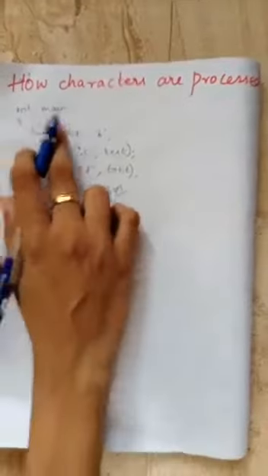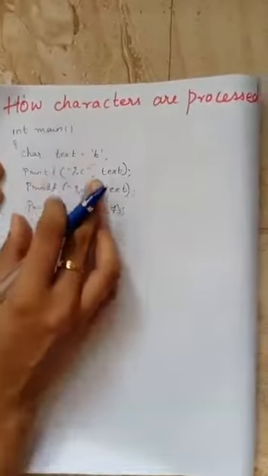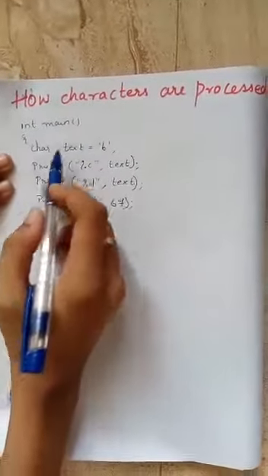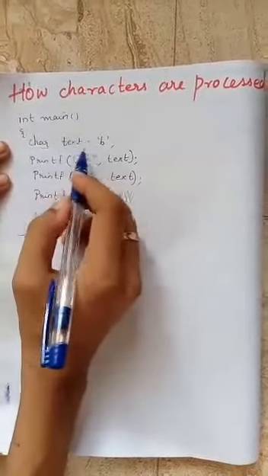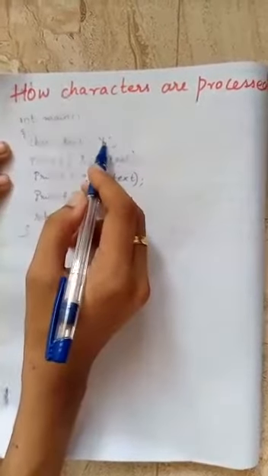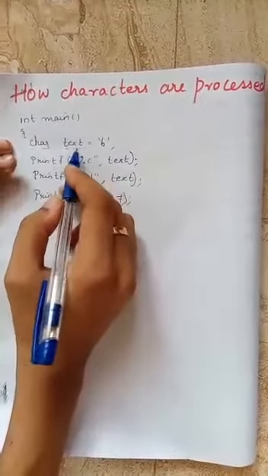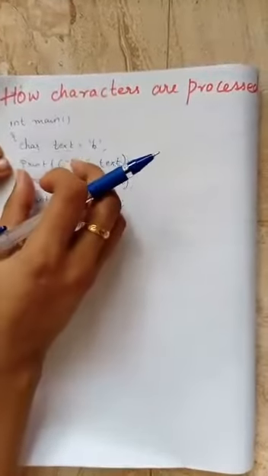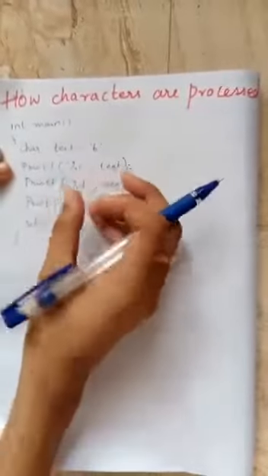Now we'll see how characters are processed in C. Considering this example program, the data type is char, text is the variable, and b is the character that we are storing in this variable text. Now we need to process it, like how this character will be displayed.